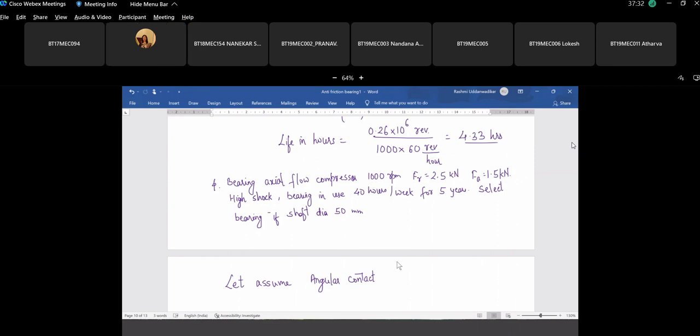Divakar, how is this different from deep groove ball bearing? Divakar, you are there?